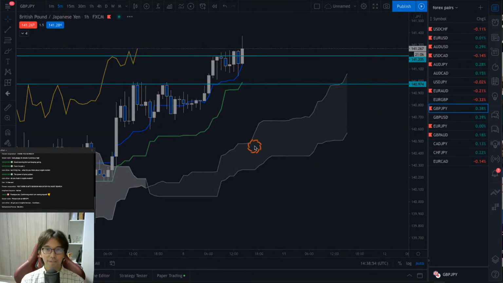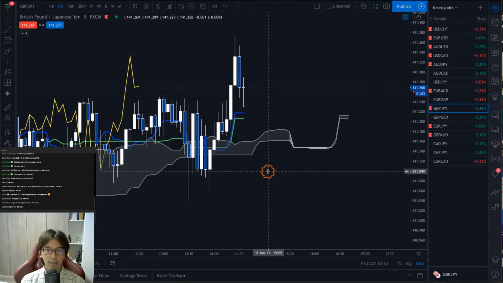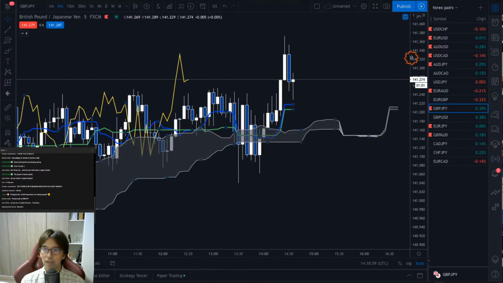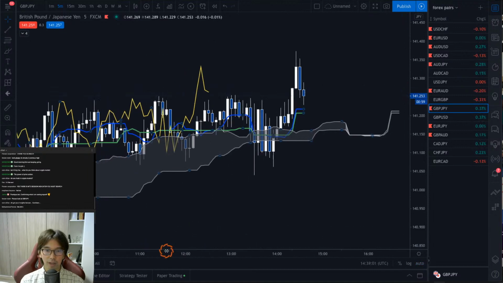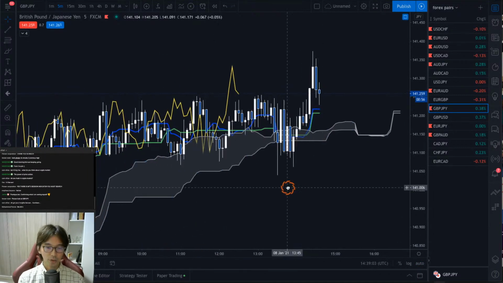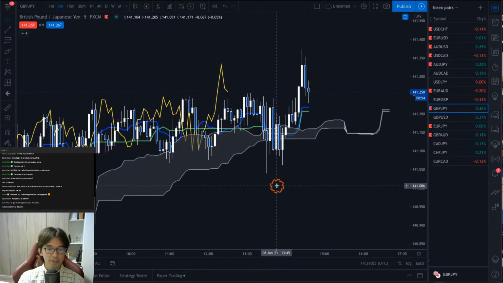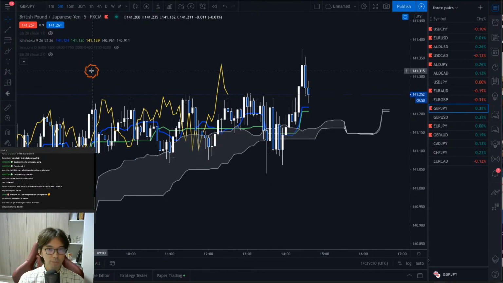Let's take a look at the 5. And let's see. So let's try to look for the confirmations to enter. So this is JPY cross. So you can take the JPY, Tokyo box breakout.